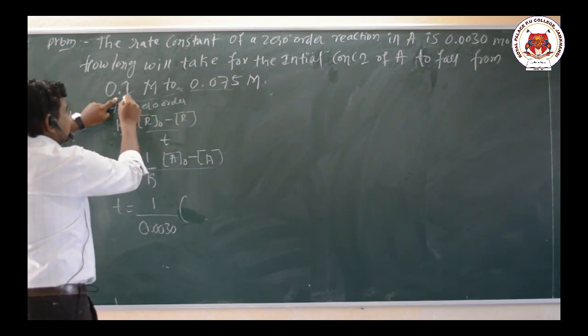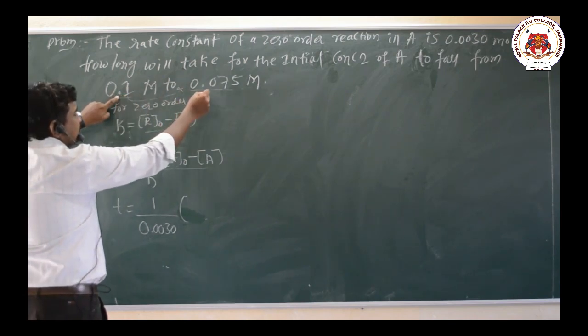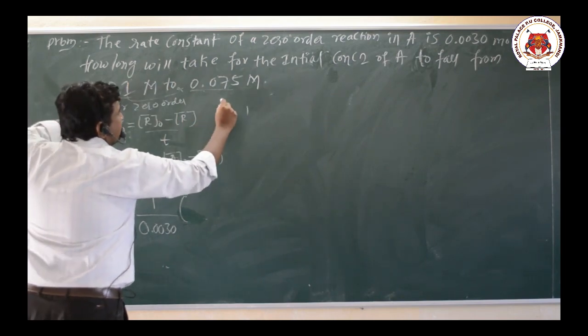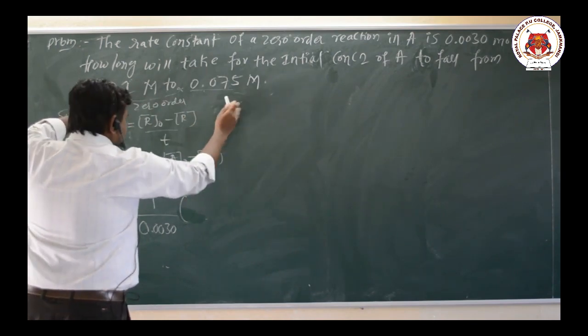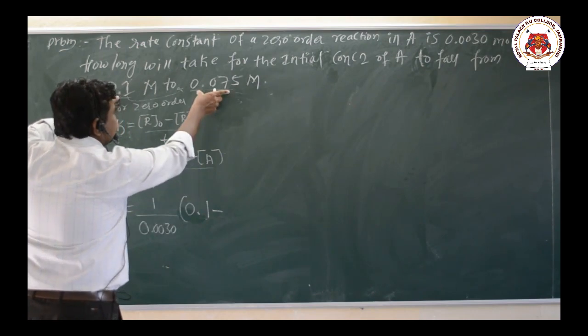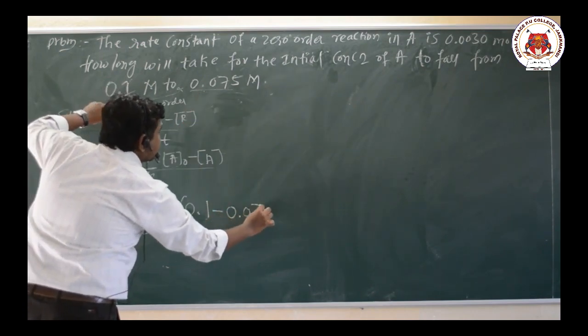So 0.1 minus the decreased concentration of the reactant, that is 0.075.